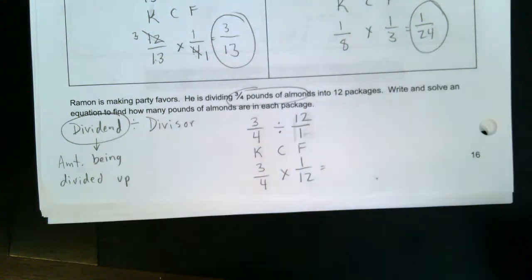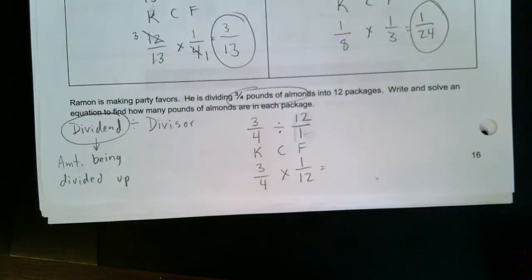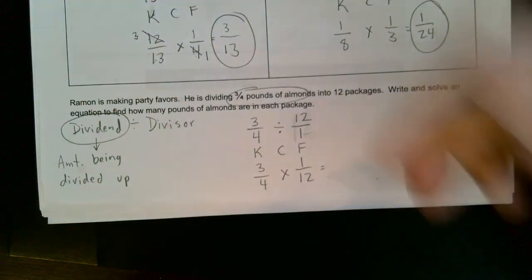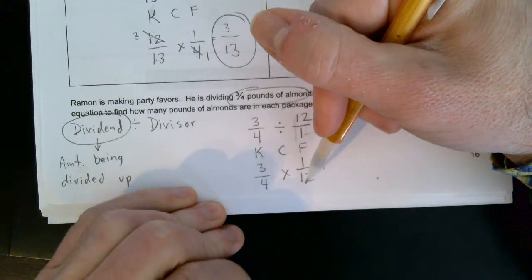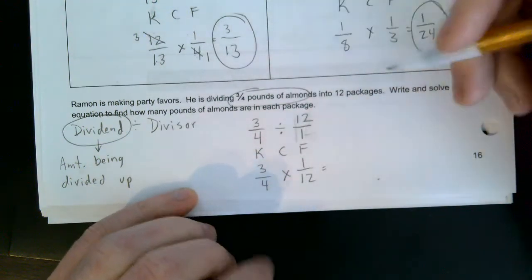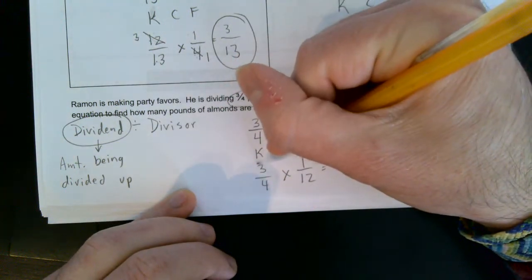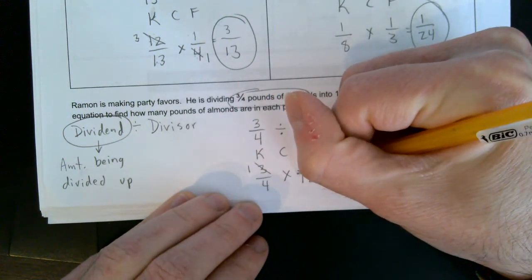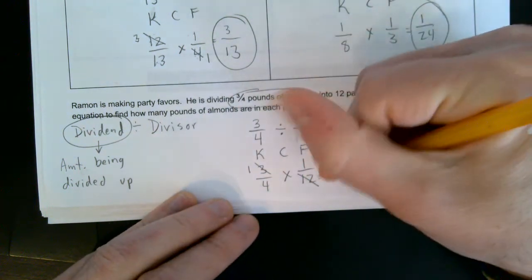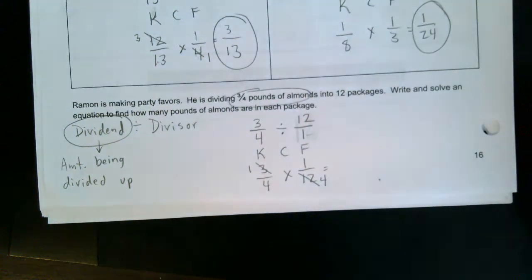Before we multiply, we'll think, is there anything we can do to simplify this? Well, let's look diagonally. 4 and 1, nothing. But 3 and 12, we can divide them both by 3. So 3 divided by 3 is 1. 12 divided by 3 is 4.